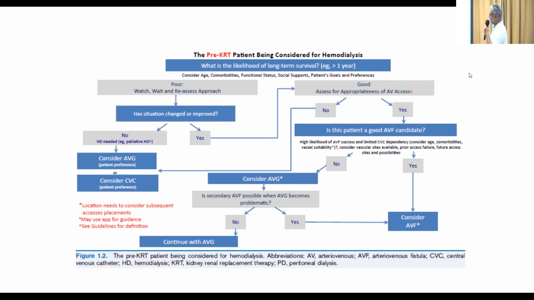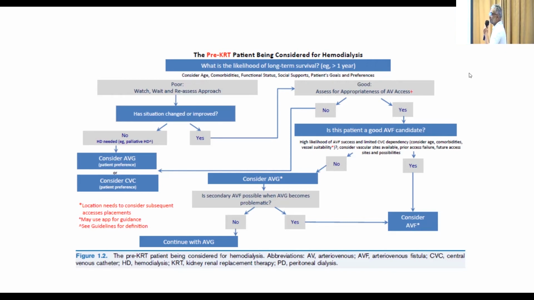So if you don't think the patient is going to survive more than 1 year, then you can either consider an AV graft or a central venous catheter, because these patients' fistulas are not going to mature and you'll have more trouble. You try putting fistulas in these patients, they won't mature, the patient won't like you, the patient will spend a lot of money.